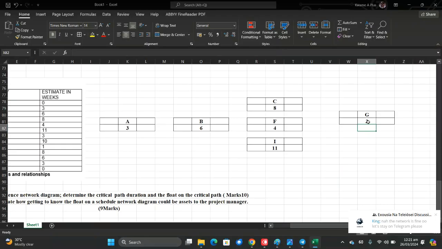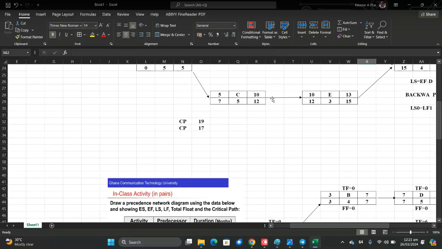Okay, so let's continue. I see we have G having this, but let's connect from here. When we've gotten to it, we just connect.